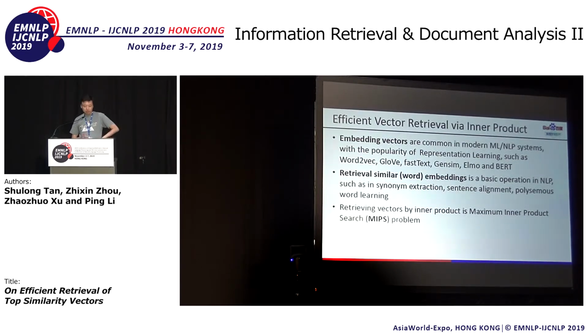For example, when a user inputs a word and asks for a synonym, both the words in the dictionary and the query will be embedded as vectors. It is a very fundamental task to find the nearest neighbor of that vector so that the algorithm can output the most similar word to the input query.